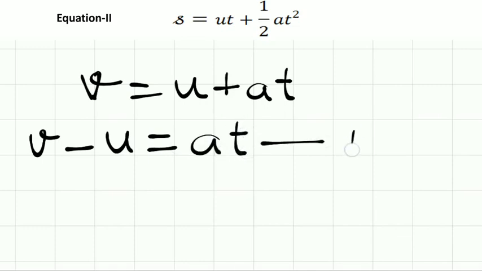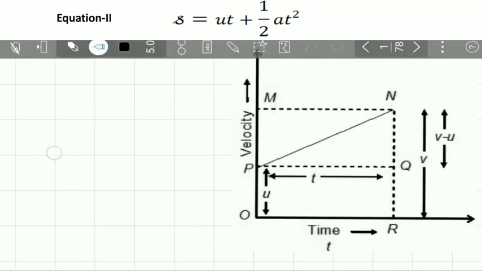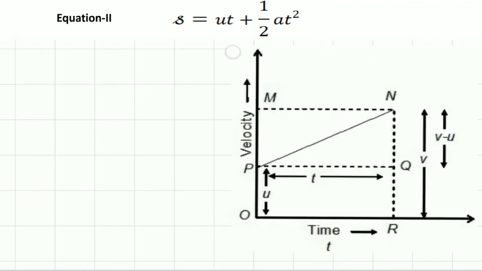Take this as equation 1. The value of v minus u is equal to at. Now come again with the same velocity time graph that we have used in deriving the first equation of motion. The same graph we are taking again.